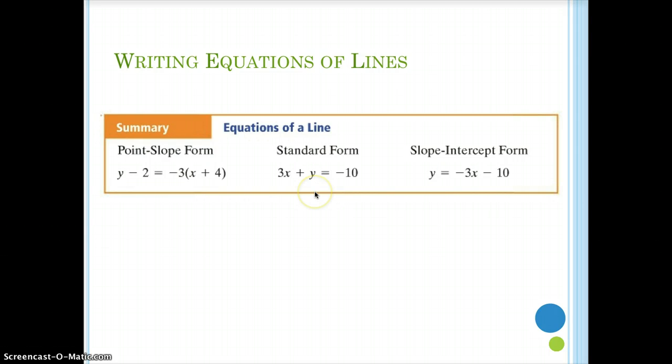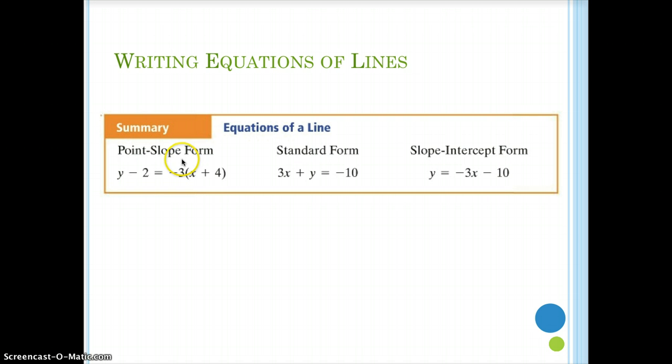But again, standard form is useful, particularly when the c value is evenly divisible by the coefficients a and b, and in that case, we would be graphing the x and the y intercepts, and that's the most efficient way to graph that line.